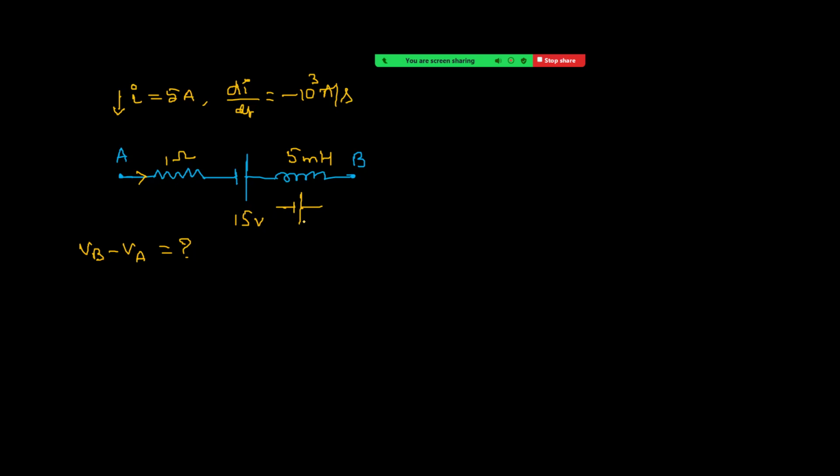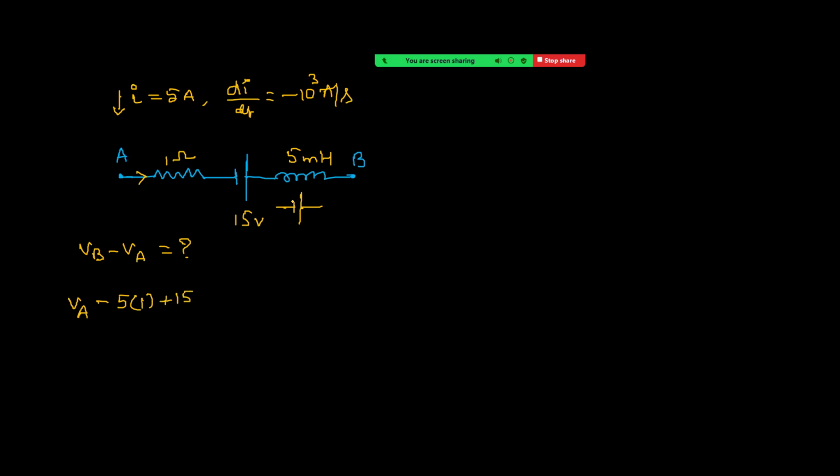Now take Kirchhoff's second law, starting from here. At that point, the potential is VA. Now moving along the current flow, it is minus I into R, I value 5 into R, that is 1. Next, it is low potential to high potential, so plus 15.